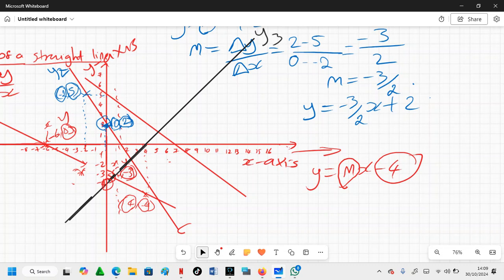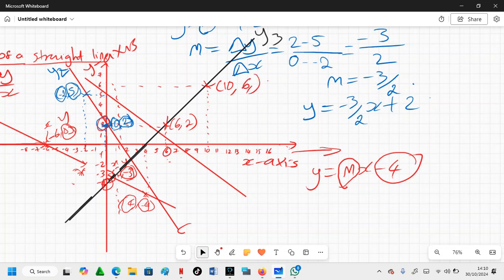So let's take any 2 points. Let's take this point and that point. Okay, so this point, x is 6 and y is 2. And at this point, x is 10 and y is 6.